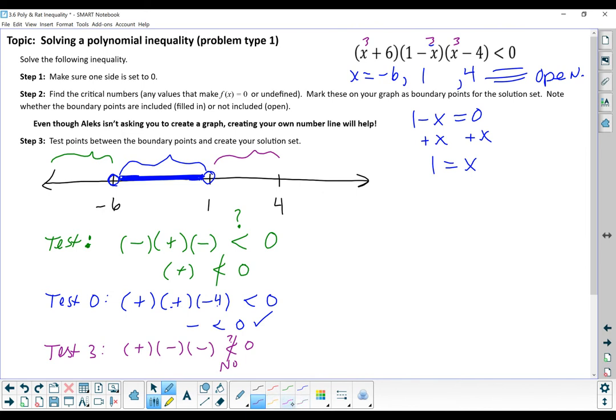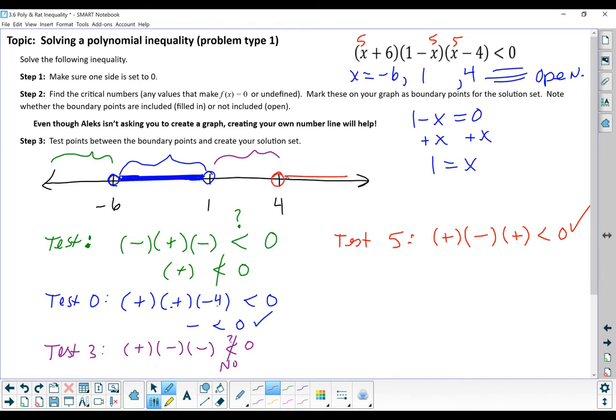And our last section is from 4 to infinity. So maybe we test the number 5. If we subbed in 5 here, this would be positive 11. 1 minus 5 is a negative number, and 5 minus 4 is a positive number. So that definitely is less than 0, because that will be a negative number. So we would shade this last region.